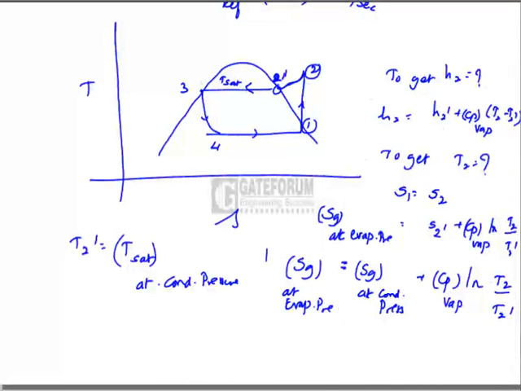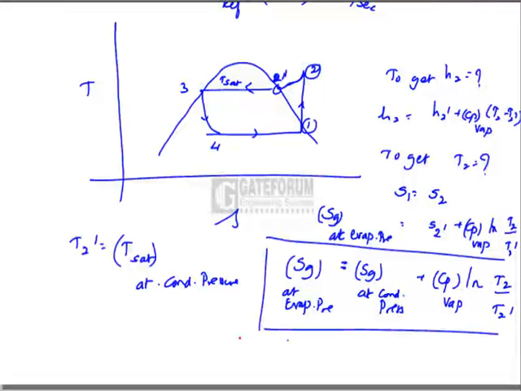from this equation we can calculate temperature in Kelvin, the temperature of the refrigerant after compression. Please note that while writing the logarithmic ratio, T2 and T2 dash, both the temperatures must be in Kelvin scale.